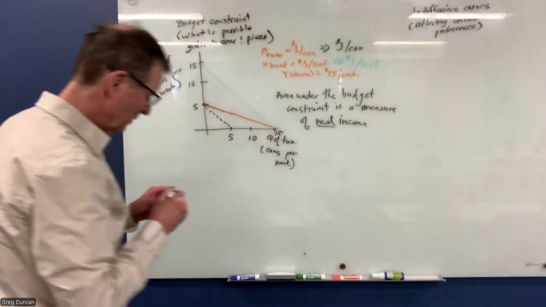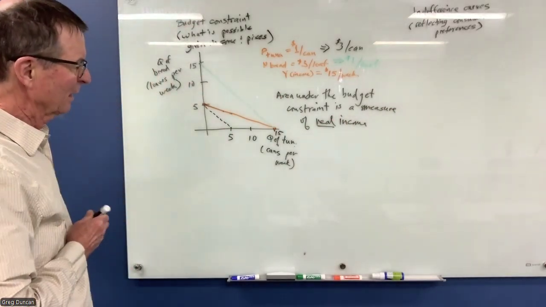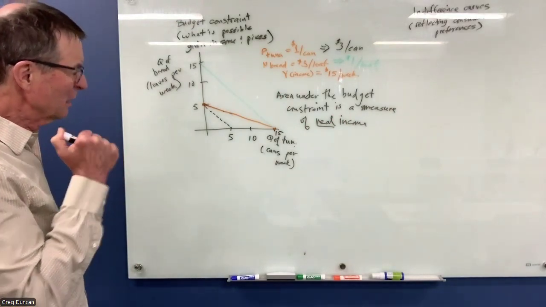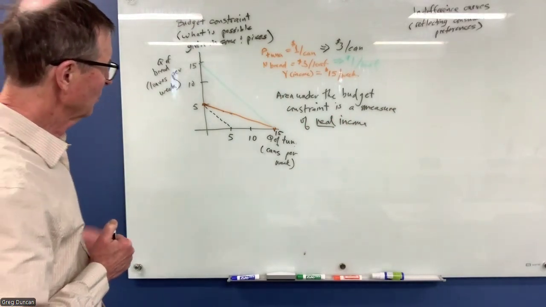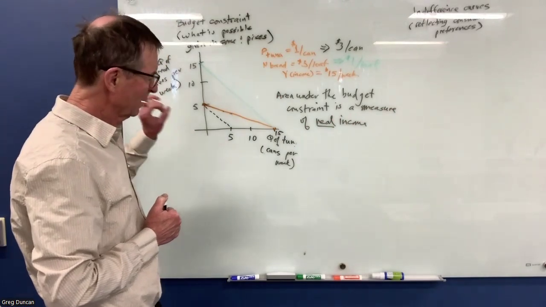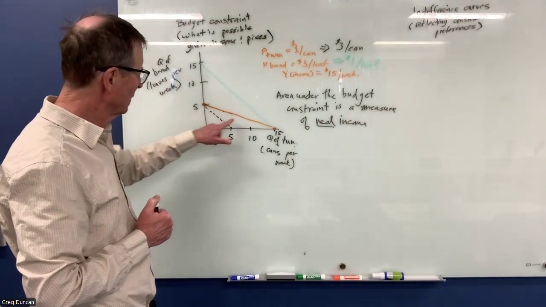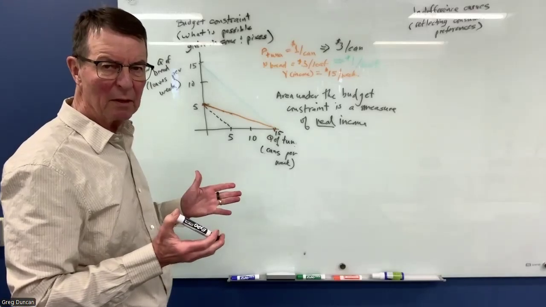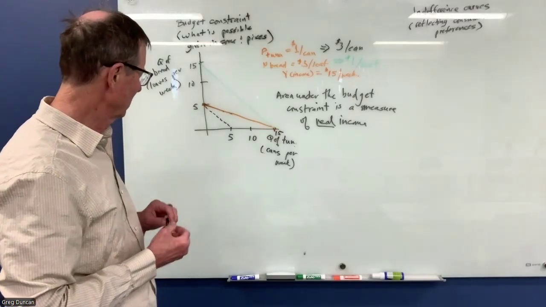Economists make a distinction between real and nominal income. Real income, in this case, is independent of prices, and it's actually showing what concrete combinations of, in this case, bread and tuna are possible by the level of income we're assuming here.